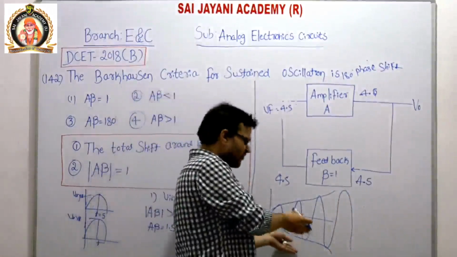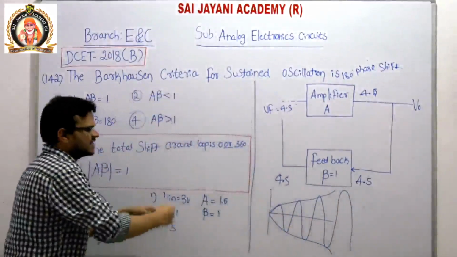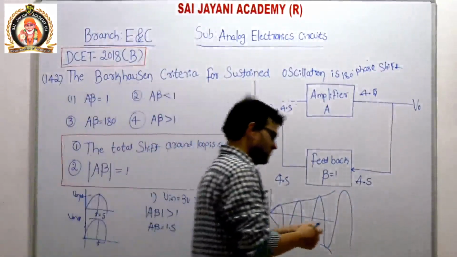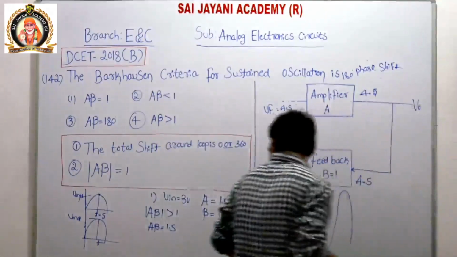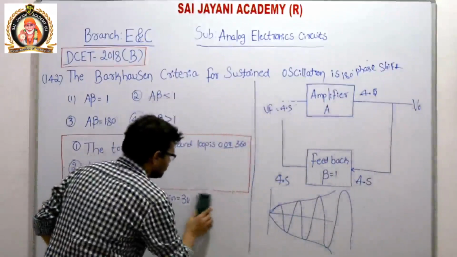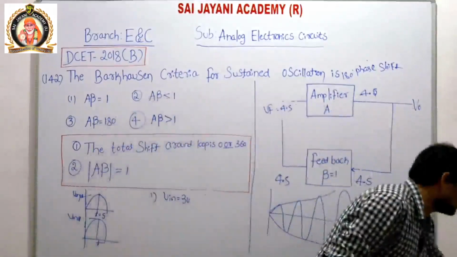You get growing oscillation when A beta is greater than 1. Next, suppose we consider A beta less than 1.